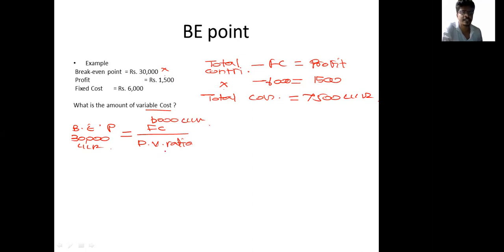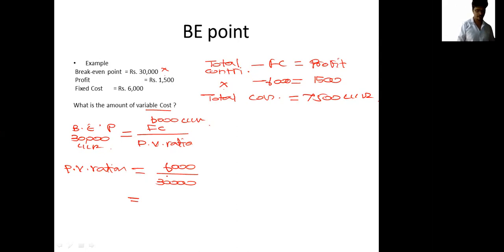So now we can get the PV ratio. In this particular case, PV ratio equals 6,000 divided by 30,000. Then what is the answer? PV ratio is 0.2.